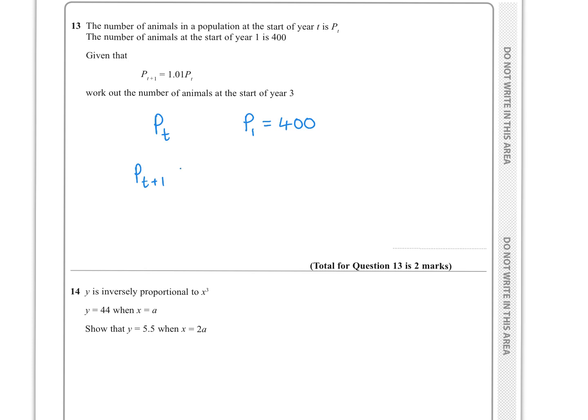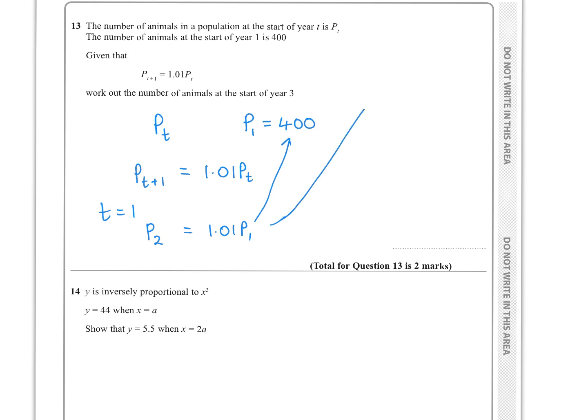P of T plus 1 is 1.01 lots of P of T. And we've got to work out the number of animals at the start of year 3. So when T is 1, we have P2 is going to be 1.01 P of 1. And that's nice because we already have what that is.